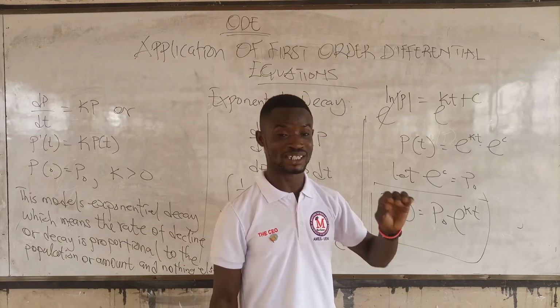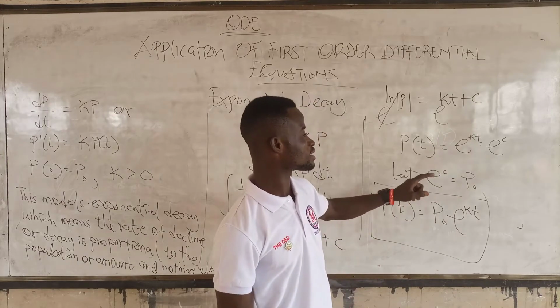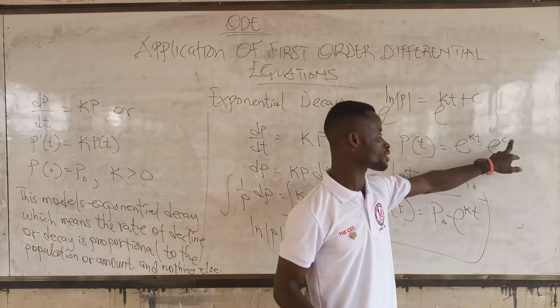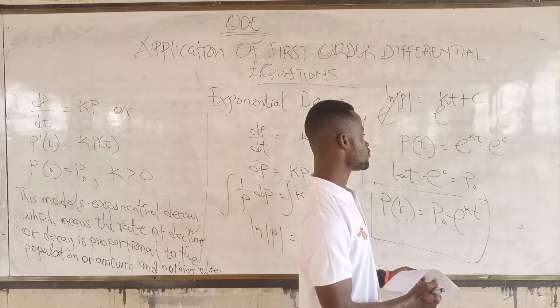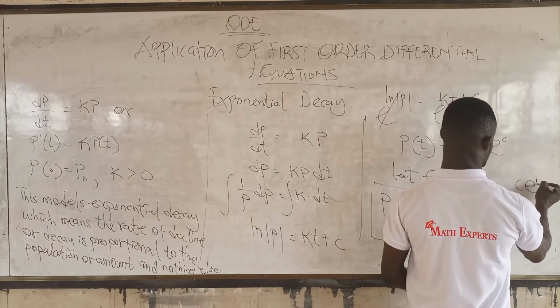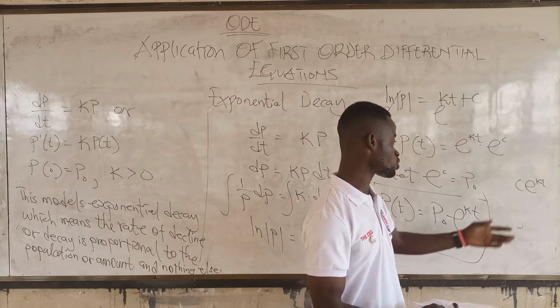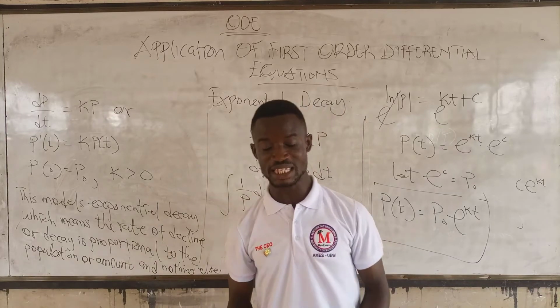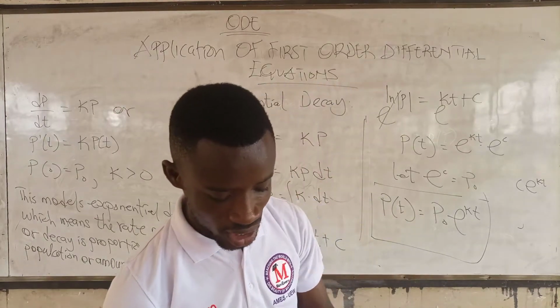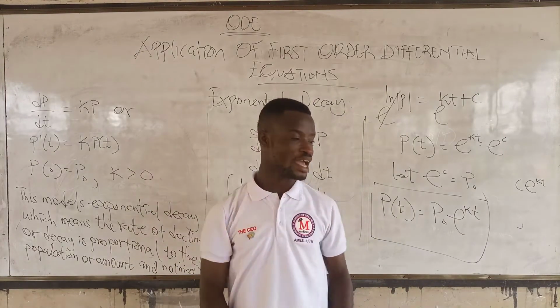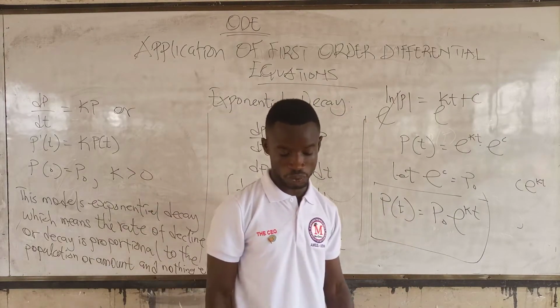Sorry, this is a particular solution. But if we leave it like c e raised to the power kt, we can say that this is a general solution. But this one we have here is a particular solution.